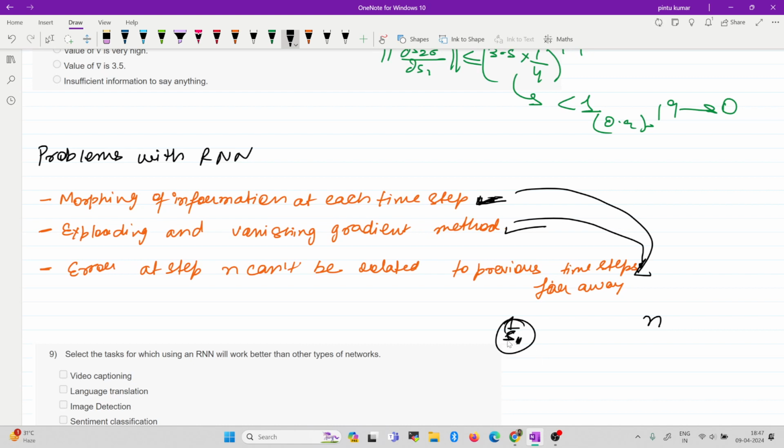Because of the S1 representation that you get, the gradient with respect to the parameters of S1 would be very small, and you won't be able to see how the error at these steps is related to the previous time steps. So this is another drawback of RNN.